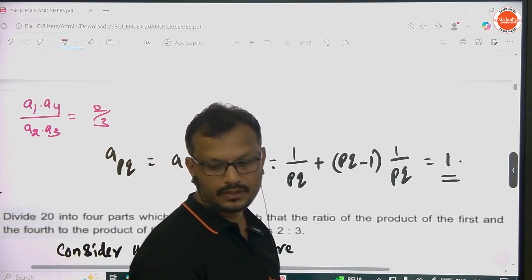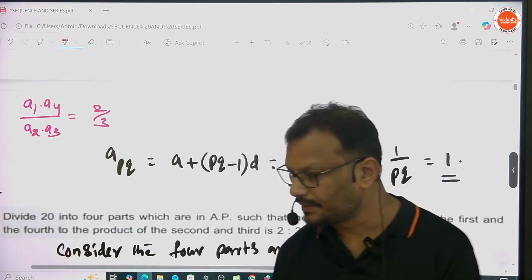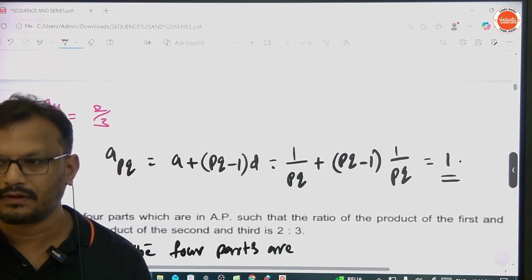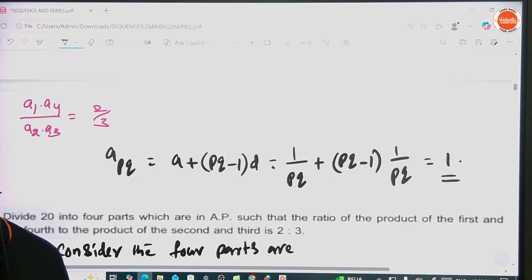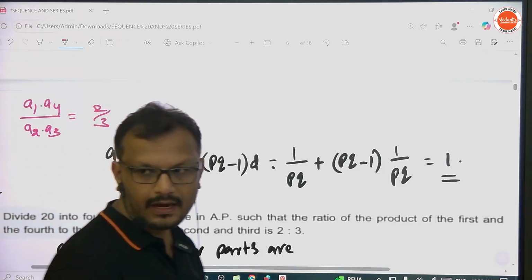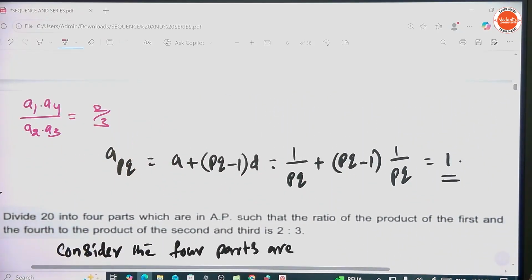So that ratio is also given. Obviously, every time to find the A and D values, they will give some relations, and you have to apply those relations. Sometimes they will include GP also, for example, that the second, fourth and sixth numbers are in GP. That condition they will also give, so accordingly you have to plan. Just try now.